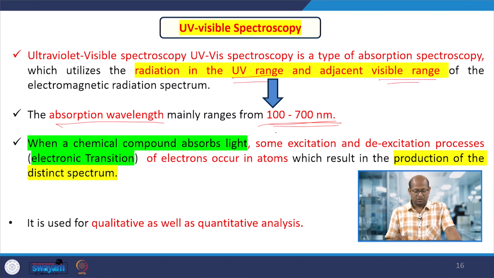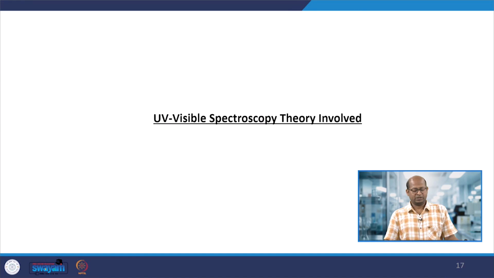Two ranges are there, so that is why it is called UV-visible spectrophotometer or spectroscopy. With this spectroscopy we can do quantitative as well as qualitative sample analysis. So we can find what components are present and in what concentrations.